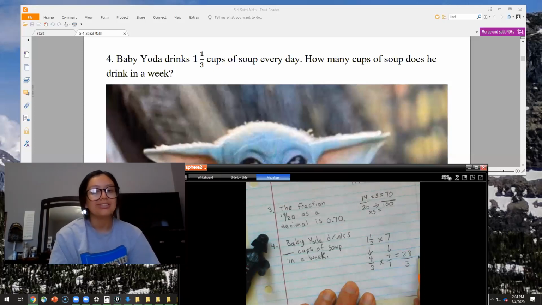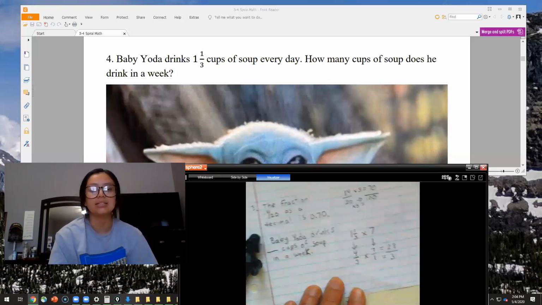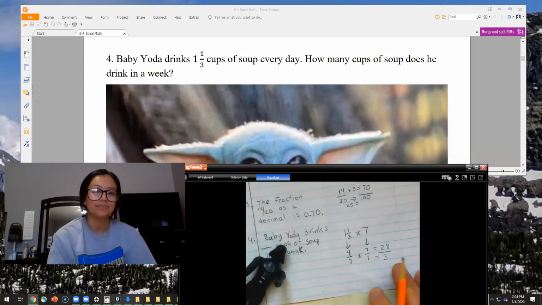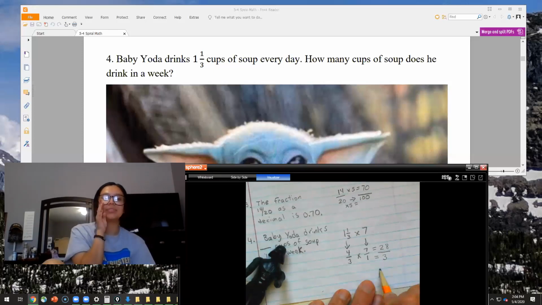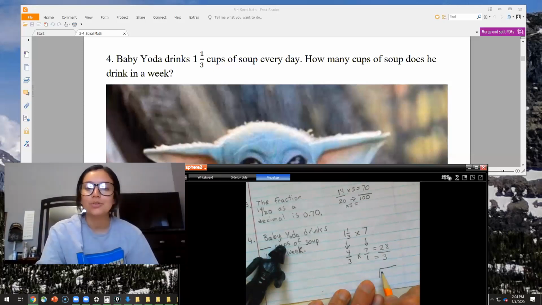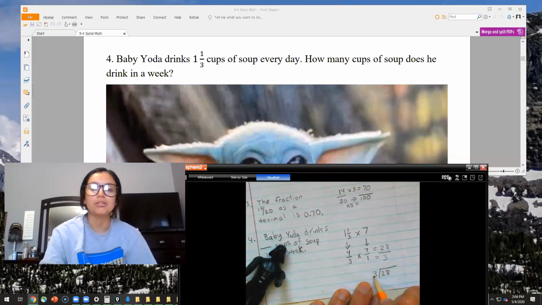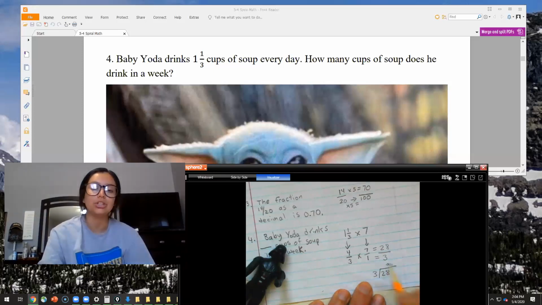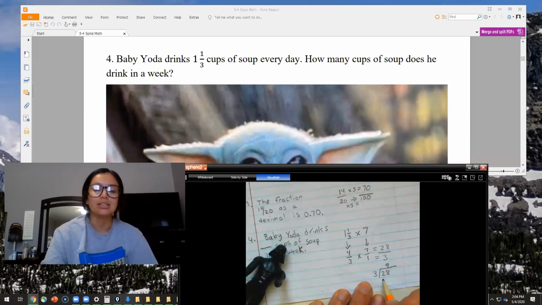But boys and girls, this is not quite simplified. So we want to divide our 28 by our 3. 3 doesn't go into 2, but it does go into 8.